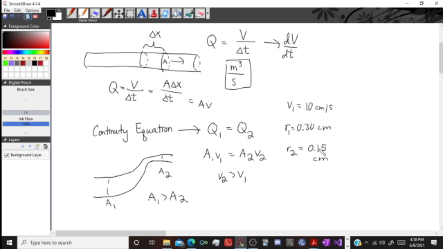And so r2 squared is 1/4 of r1 squared. So which means also that A sub 2 is 1/4 of A sub 1, which means that V sub 2 is 4 times V sub 1 in order to satisfy the continuity equation, which means that V sub 2 is 40 centimeters per second.